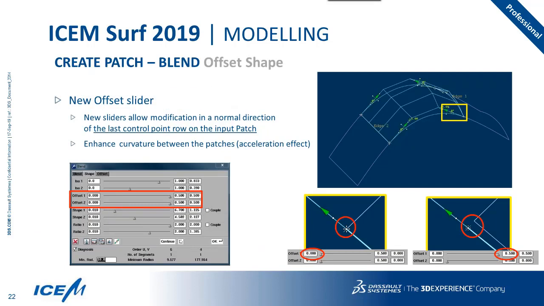Another change to the blend command is we've added under the shape tab the offset, again, just like curve blend. So what offset does is it takes from your base patches the 1st control point row and offsets it downwards or upwards according to the slider to give you a little bit of acceleration, a little bit of run in. I've got a video that'll show you that in a moment.